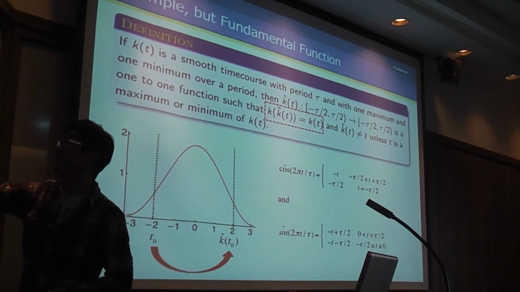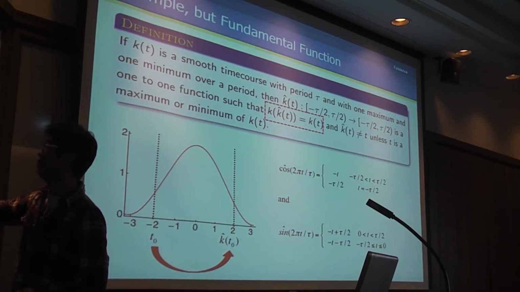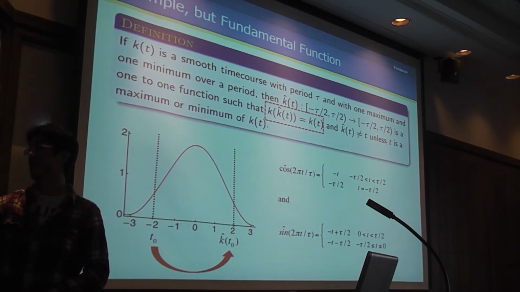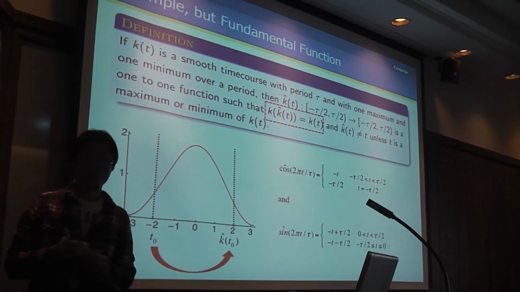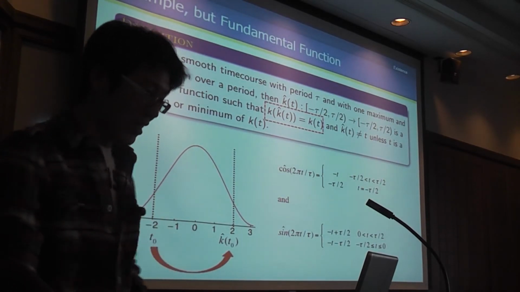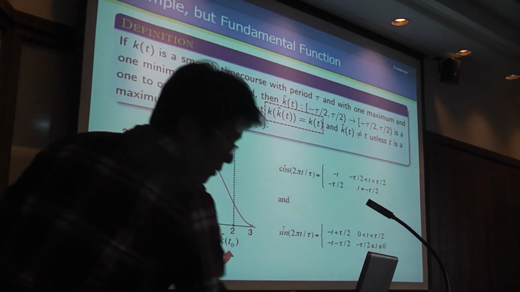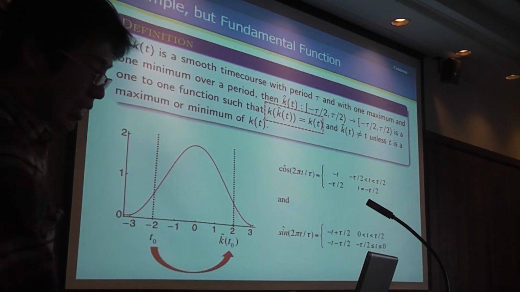Actually, not only this simple function, whatever weird shape of time course I have, we can always define this map, right? Because we can always find where the values are the same, right? So now I will call this the hat map of the given time courses.